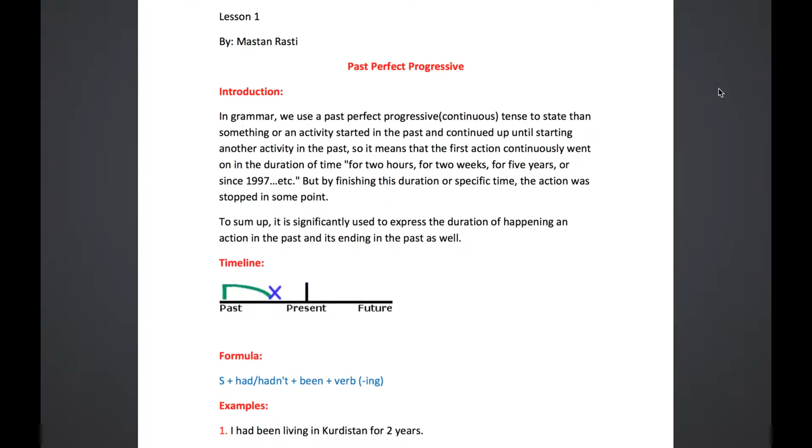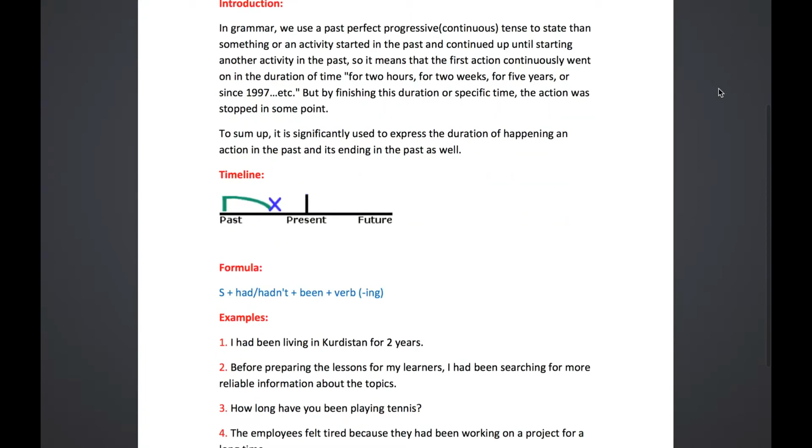In grammar, we use past perfect progressive, or you can call it continuous tense, to state an action that started in the past and continued up until some time in the past, until the next or other action happened that became the cause to stop the first action. If it's not clear, look at the timeline.